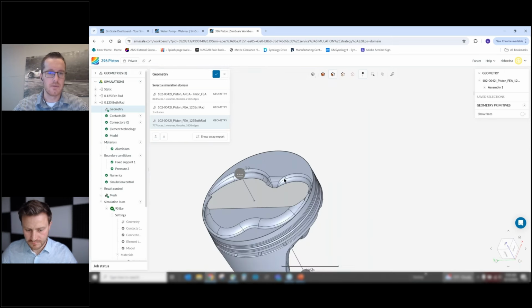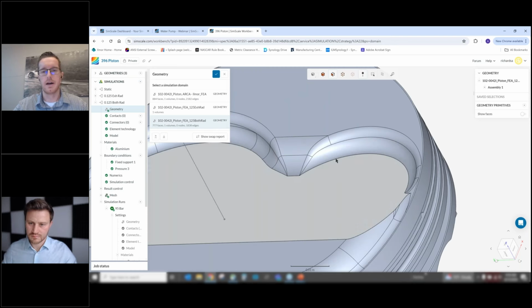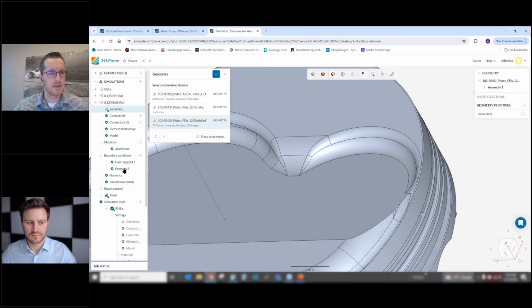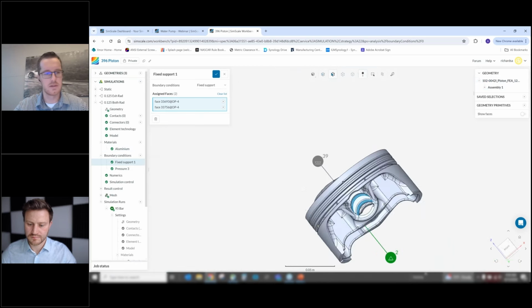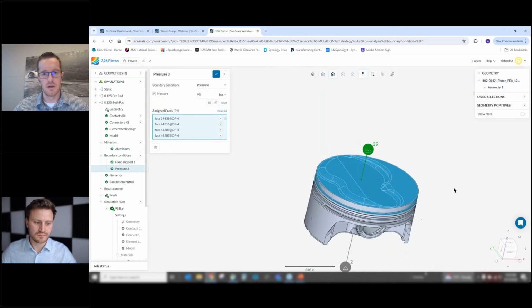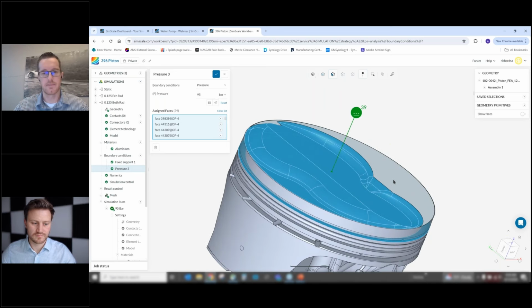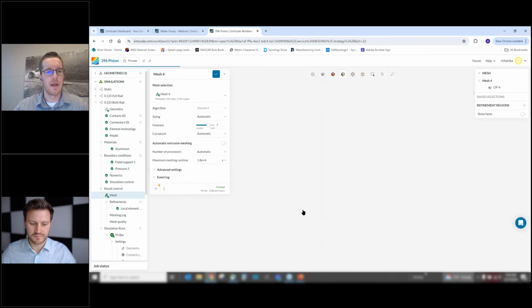We also modified the geometry through this little eyebrow here, where the two reliefs intersect. That was again applying the same boundary conditions, supporting through the wrist pin bore, and then applying a pressure to the crown as well as the top ring groove, and then pushing that into a mesh.